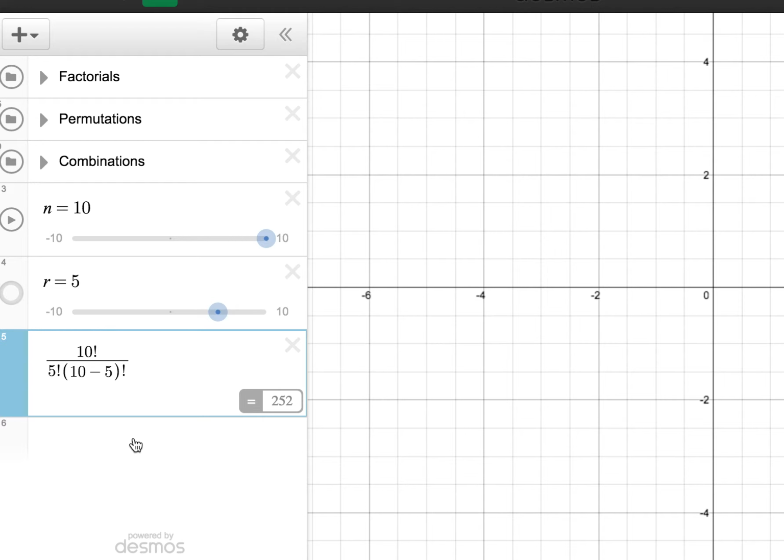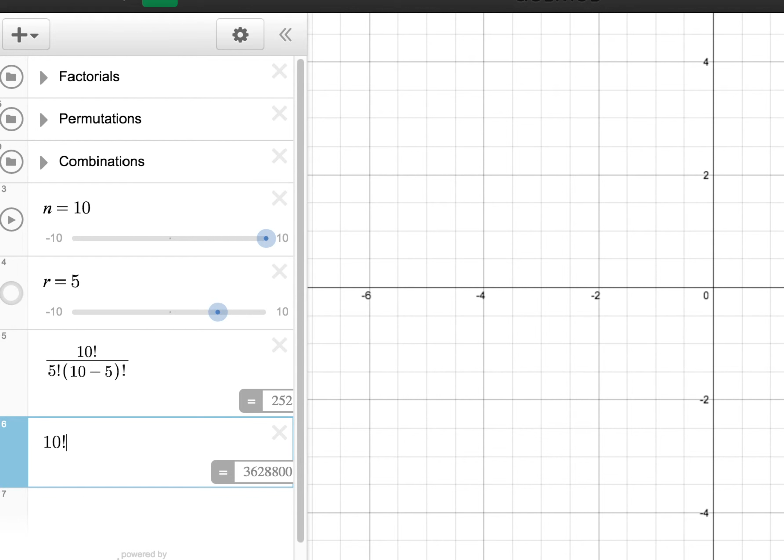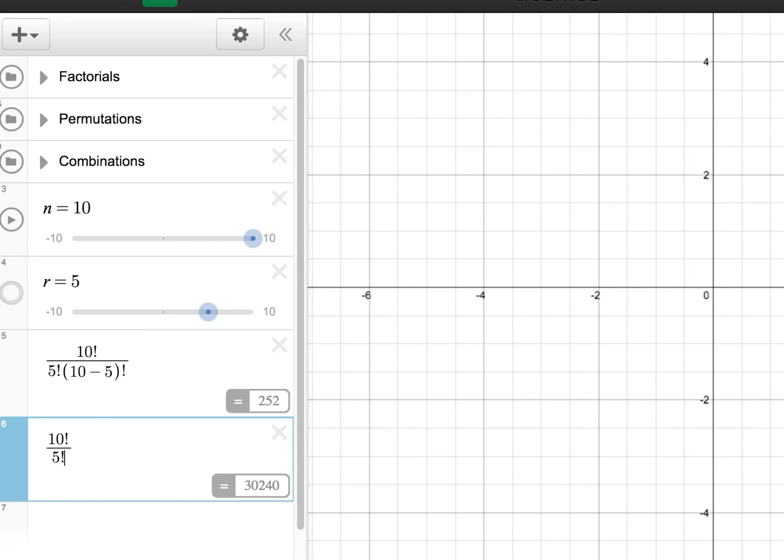A quick reminder about factorials though. Let's say you were going to actually do that math. You were going to do 10 minus 5 yourself. 10 minus 5 is 5, so you would automatically want to write 5 factorial again. Keep pushing shift. You'll notice that it gives you a warning label.